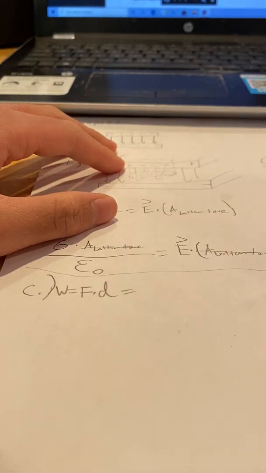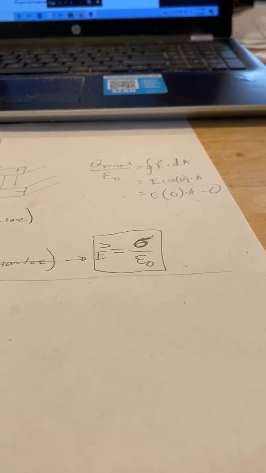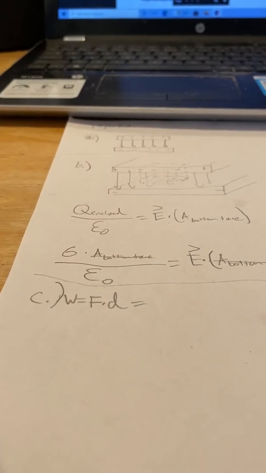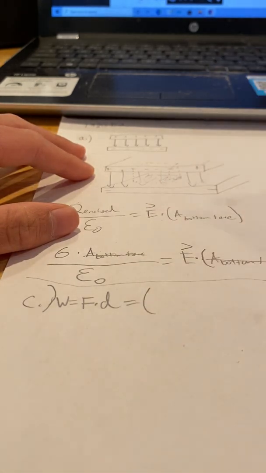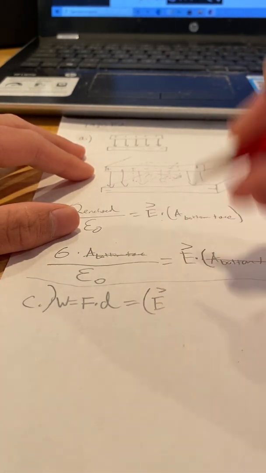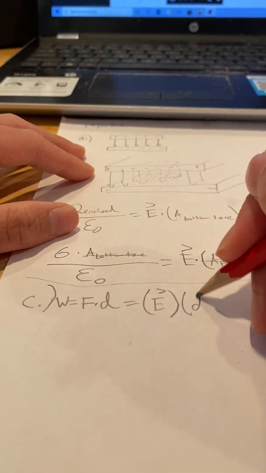In this case, the force is the electric field magnitude or flux density, which we solved for in the previous part of the question. I'm going to write that as just the electric field magnitude for a second, and the distance.